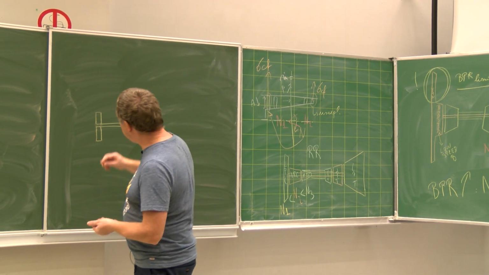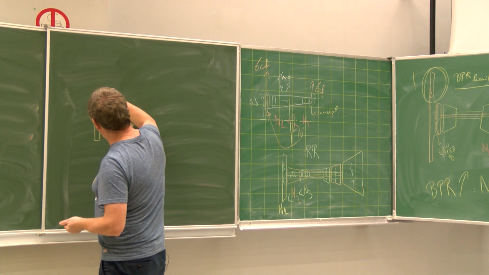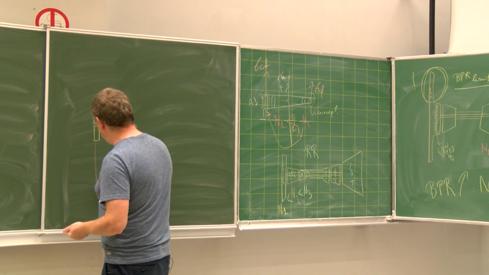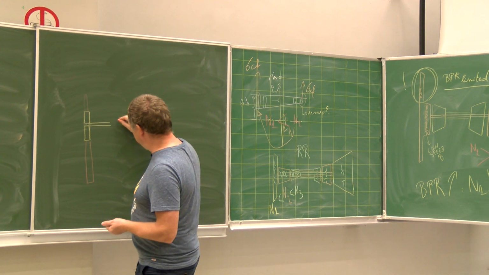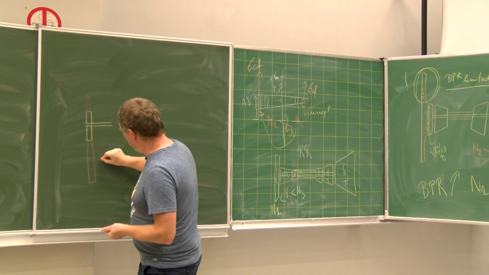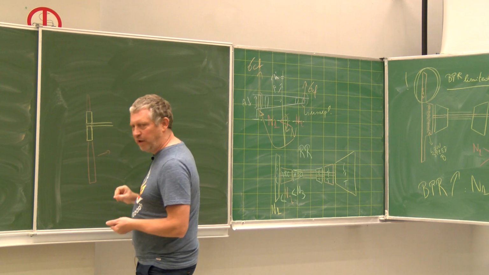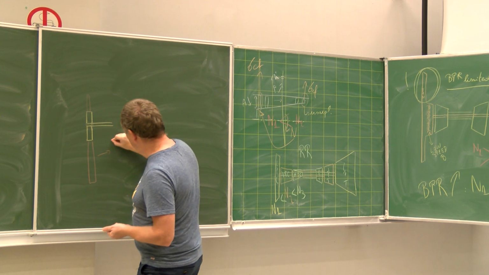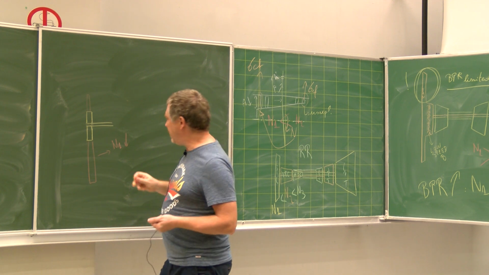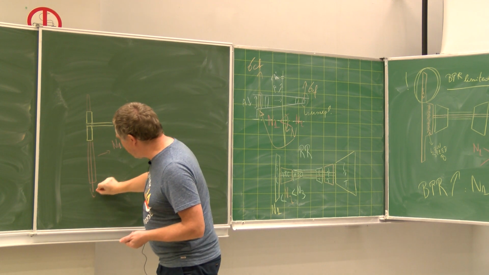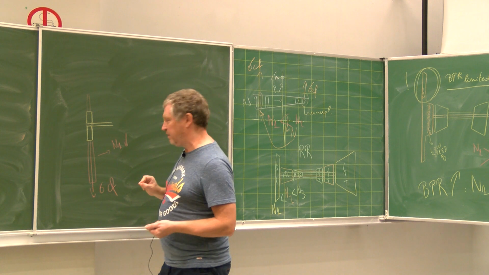And on this disc, you are putting a blade that is longer and longer. What is the problem? When you increase the diameter, you are decreasing the rotational speed. Otherwise, you will have too large centrifugal stresses here.